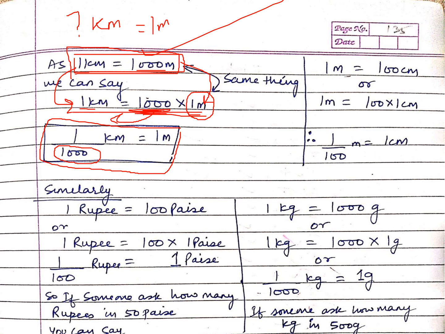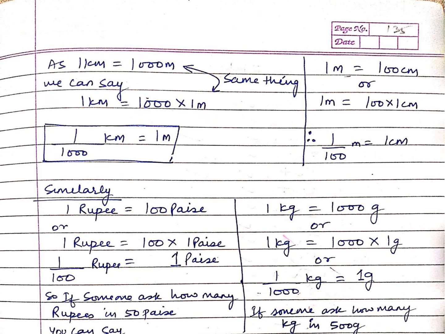Similarly, I gave you this question in the last slide: 1 rupee is equal to 100 paisa. And what I asked you was, how many rupees in 1 paisa? Again, write this in a detailed way. We can say 1 rupee is nothing else but 100 times 1 paisa. Again, I want the value of 1 paisa, so let us isolate it on the left hand side.